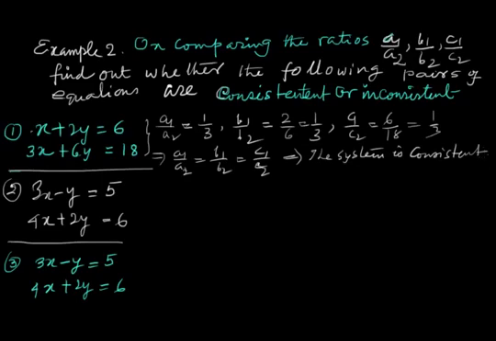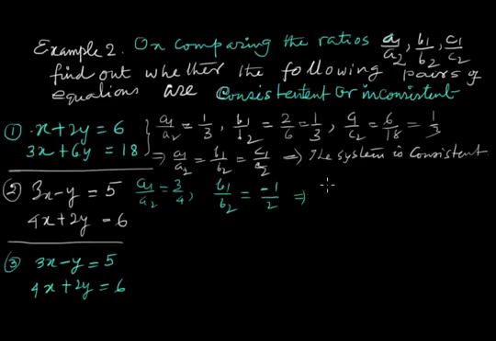but dependent. Second equation, 3x minus y equals 5 and 4x plus 2y is equal to 6. So here A1 by A2 is equal to 3 by 4. B1 by B2 is equal to minus 1 by 2.